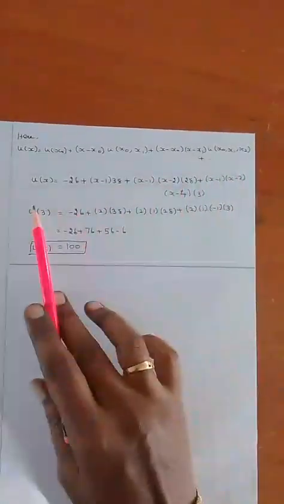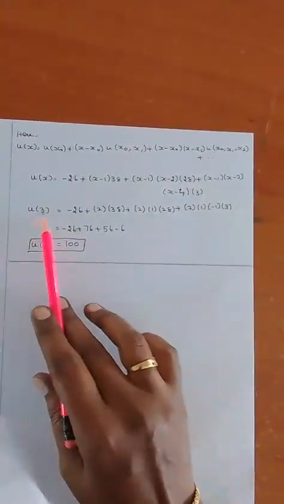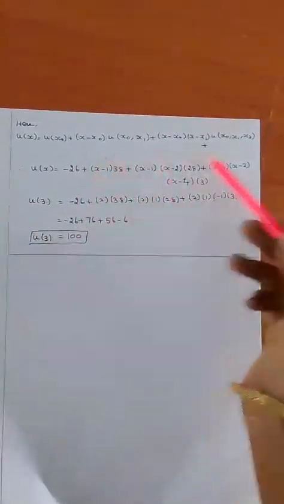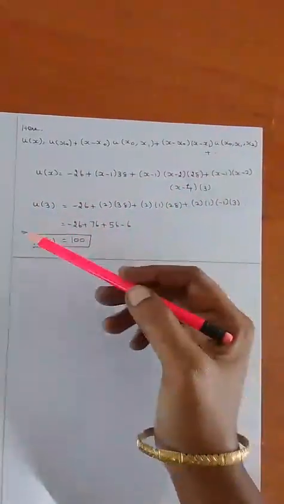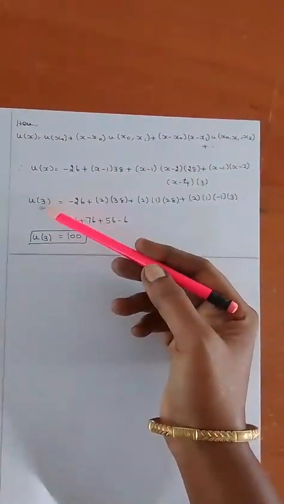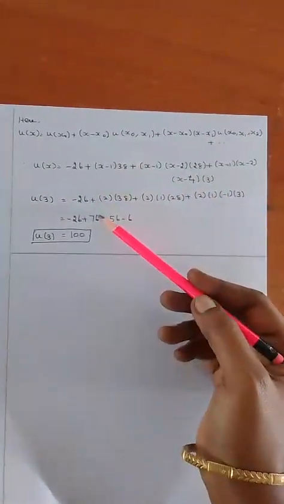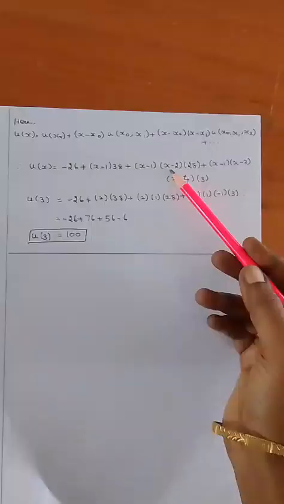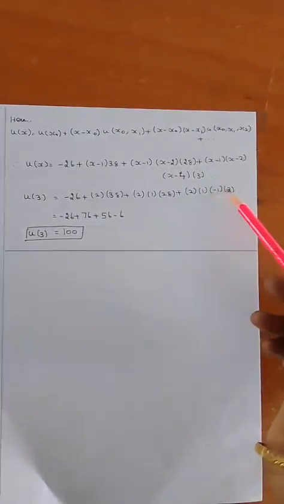This is our respective formula, and we substitute the values for u of 3. For x we replace 3. So 3 minus 1 is 2, 3 minus 1 is 2, 3 minus 2 is 1, and here 3 minus 4 is minus 1.